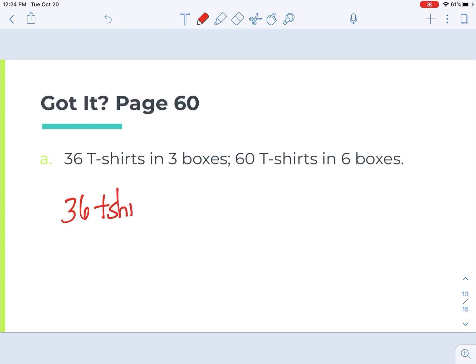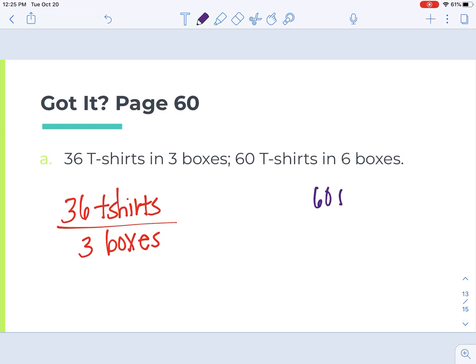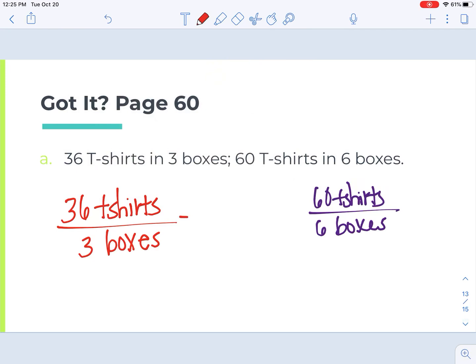So we had 36 t-shirts in 3 boxes. The other one, 60 t-shirts in 6 boxes. Are they equivalent? Are those the same? So let's think about our different strategies. So the first strategy, we're figuring out how much is in one box.